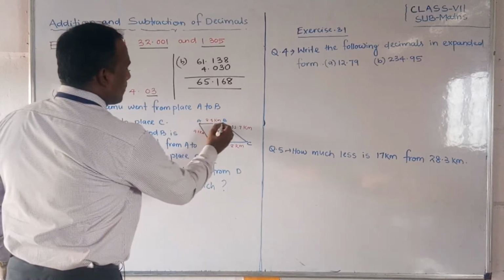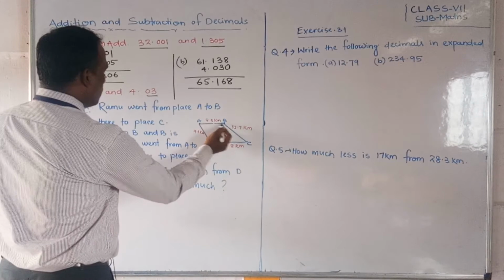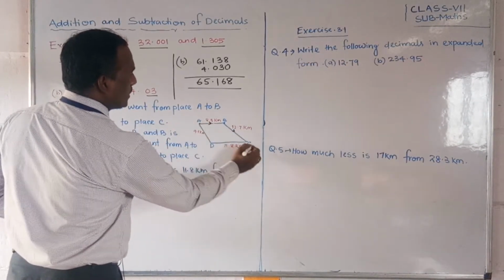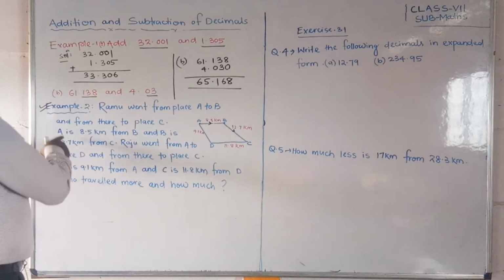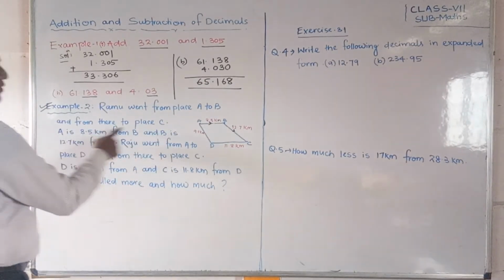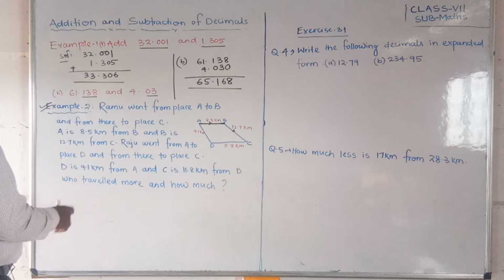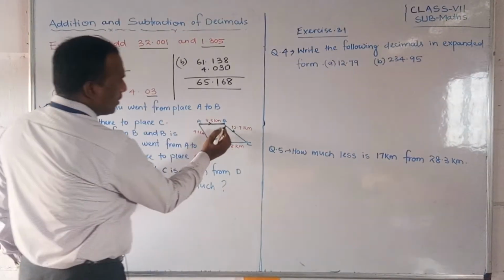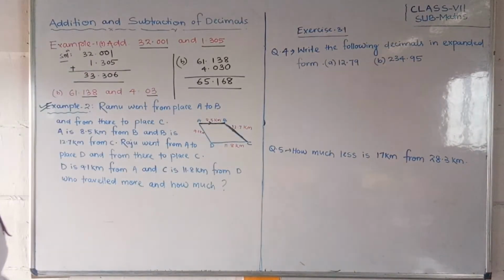From A to B he is going, and from B to place C. That means Ramu is going up to C. The distance from A to B is 8.5 km, and B is 12.7 km from C.